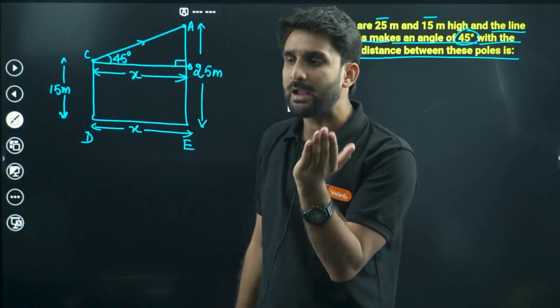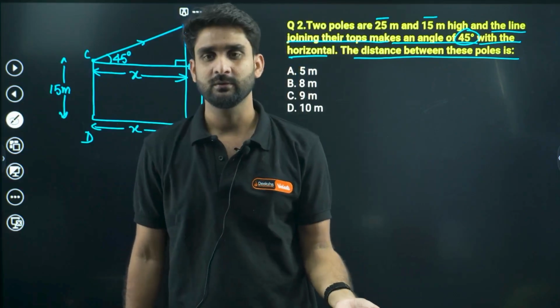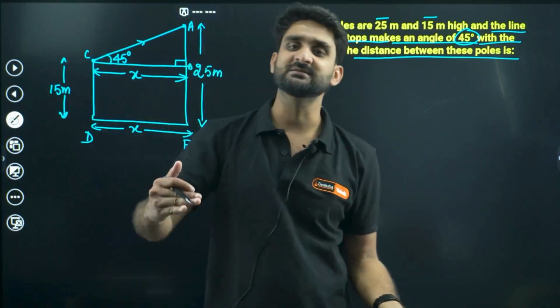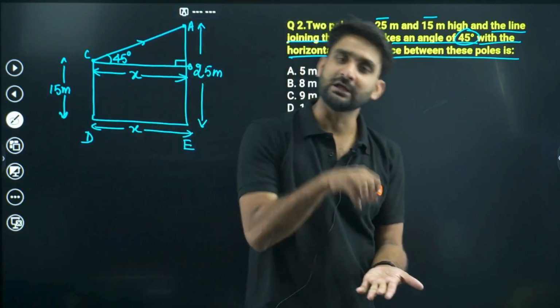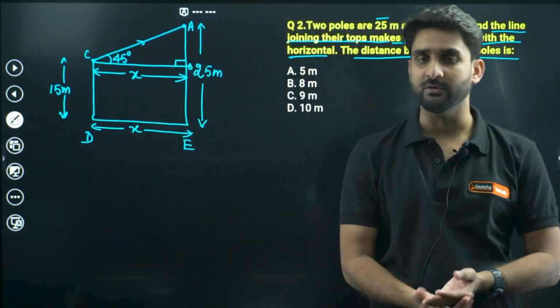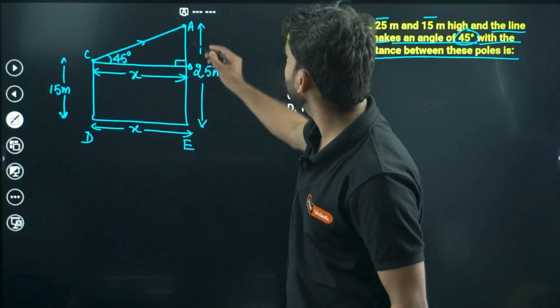If you want to calculate perpendicular, the base should be known. If you are calculating base, the perpendicular should be known. If any one piece of information is there, then only you can find the other unknown, right? So how can we find AB?